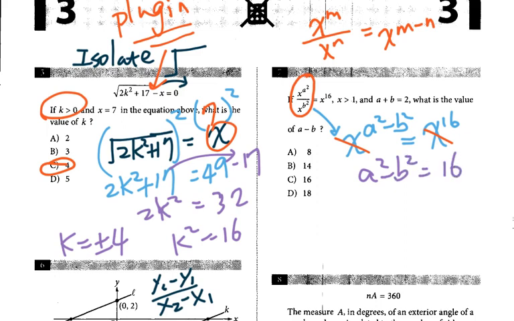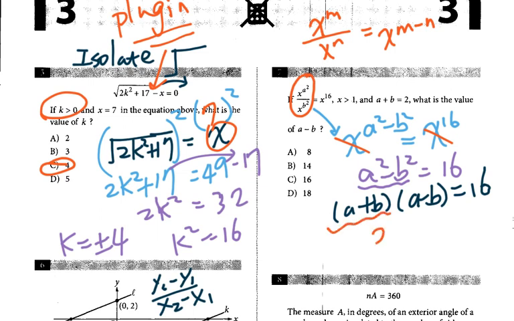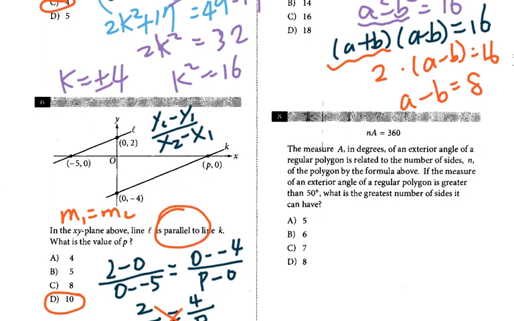Then this is what we call factoring: a plus b times a minus b equals 16. Then we know that a plus b, given to you, is 2. So 2 times a minus b equals 16. That's why a minus b equals 8. That's the answer.